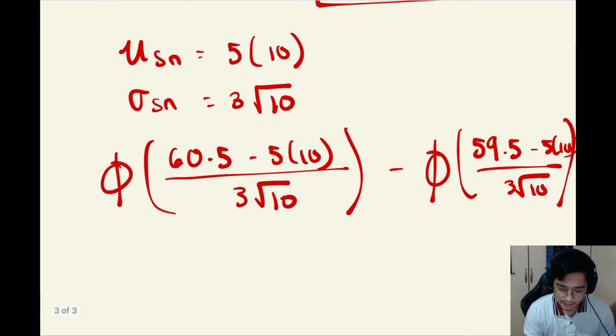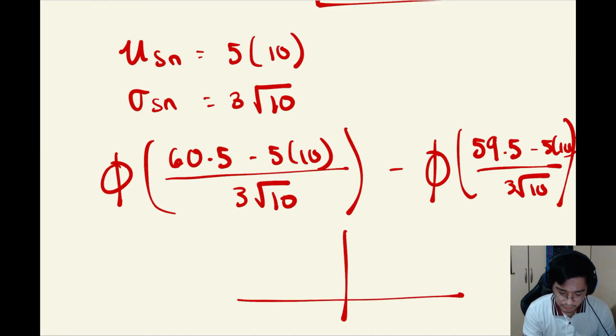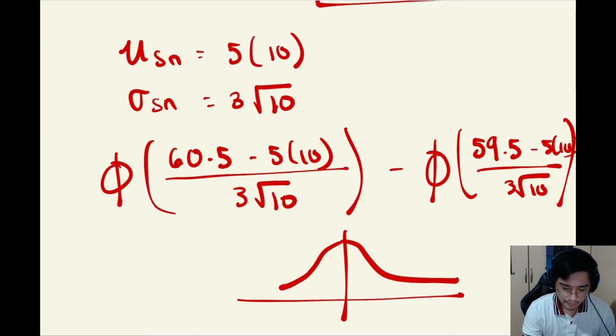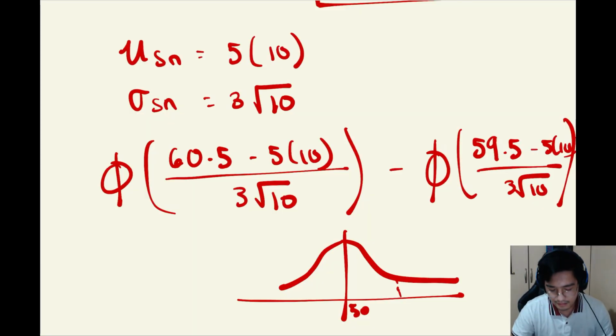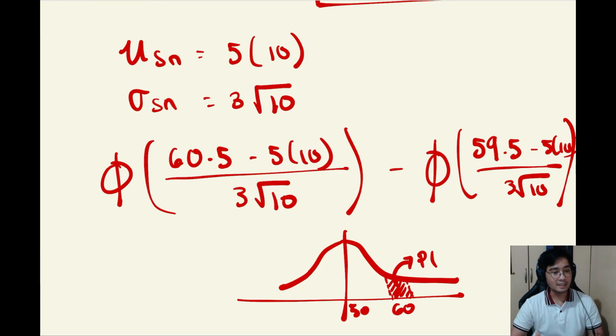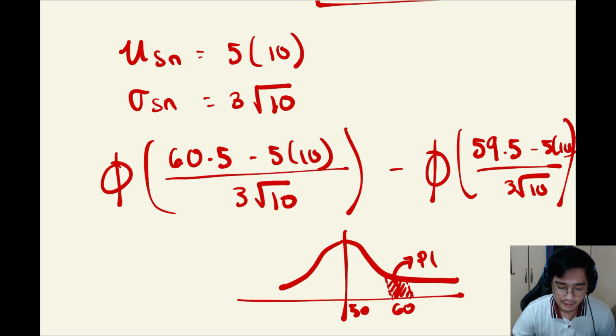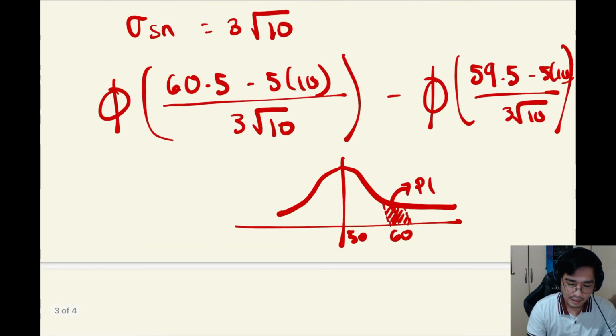When you plot it, this is the Gaussian distribution, centered at 50, and we are trying to get the exact probability of exactly 60 minutes. Then we can get 60.5 here and 59.5 here and just get the area between these two. This is, once again, just an approximation. So just consult the table.